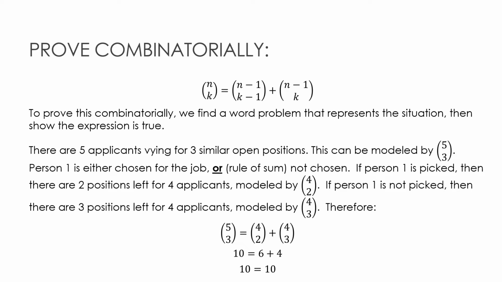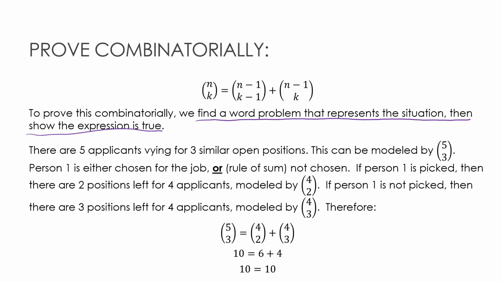So in this course, we're going to do a lot of proof, and I'll often ask you to do one of 2 different kinds of proof. Proving combinatorially is something that you have never done before. So we're going to take our time on this one. To prove this combinatorially, essentially what we're going to do is find a word problem that represents the situation, then show the expression is true.